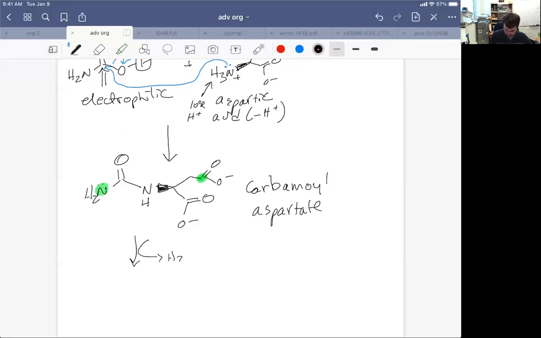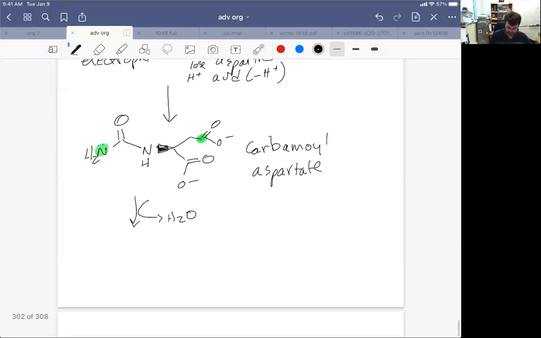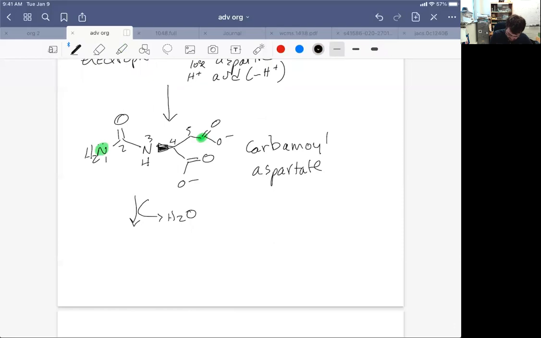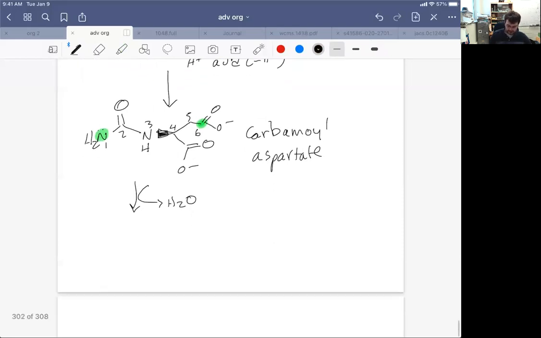So this is an enzyme catalyzed condensation, and now our atoms are 1, 2, 3, 4, 5, 6 atoms apart, so we can form a 6-membered ring. And so I'm going to have to do some rotating here to make this all fit.